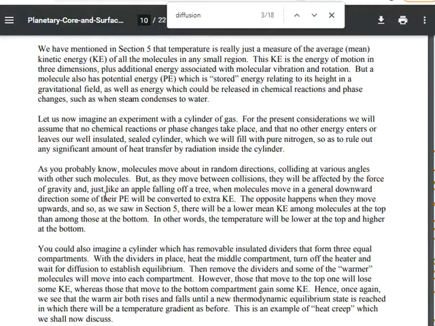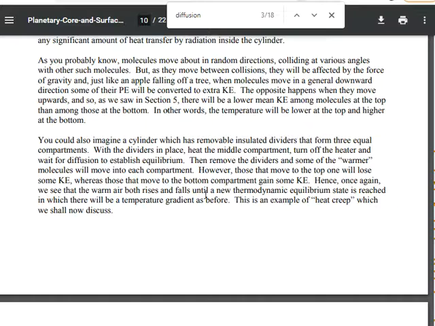The opposite happens when they move upwards, and so, as we saw in section 5, there will be a lower mean kinetic energy among molecules at the top than among those at the bottom. In other words, the temperature will be lower at the top and higher at the bottom." Okay, yep, we've already assented to that.